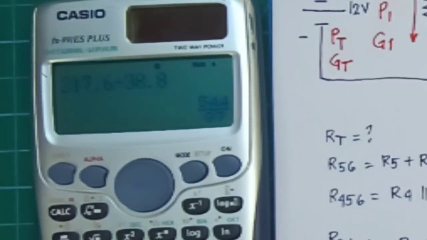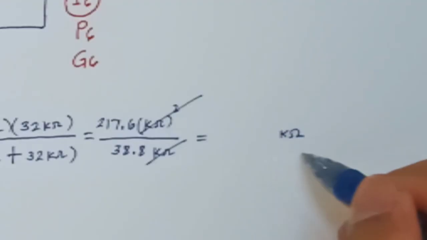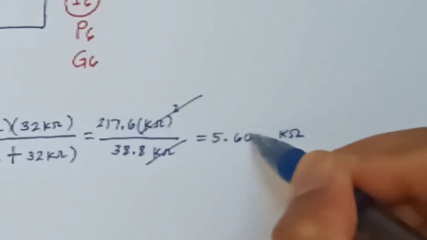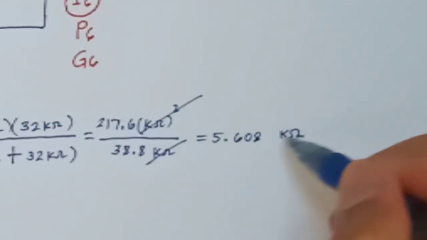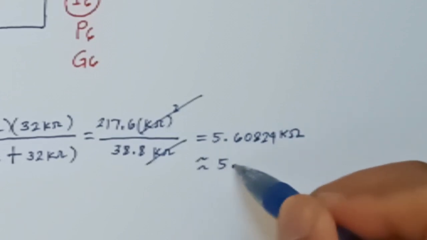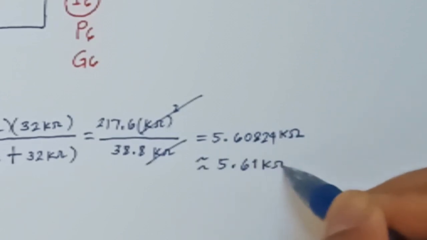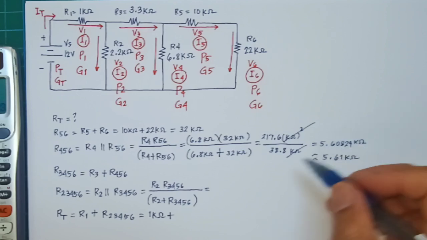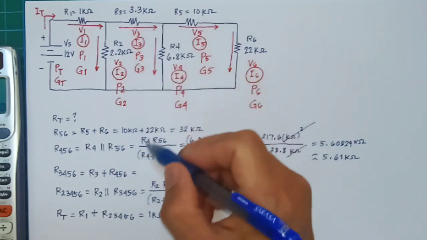So the unit would be kilo ohms for our answer. And so the answer is 5.60824 kilo ohms, or 5.61 kilo ohms for our R456.